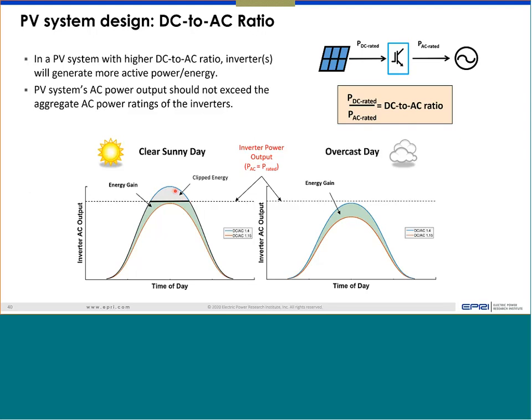In the hybrid system, the charge controller or the DC-DC converter that is connected with the PV panel has to be large enough. The inverter could be small. Say, for example, the inverter is 100 kilowatt, PV panel is 150 kilowatt. If you put that PV panel directly to the inverter, you still have the clipped energy.